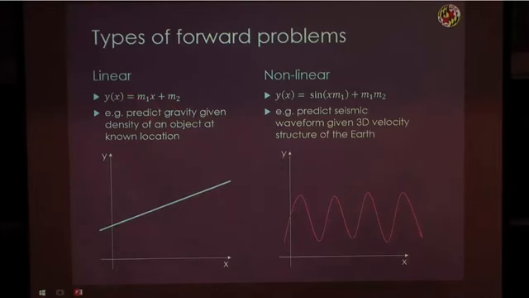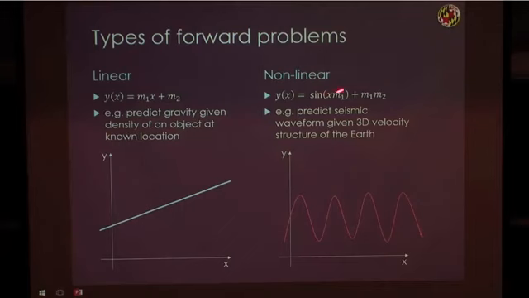For example, there are some linear problems in geophysics. One of them is to predict the gravity given the density of an object at a known location. So, for example, if you know you have an object somewhere, determining its density is a linear inverse problem. Another kind of problem might be a nonlinear problem, which tends to be more common.